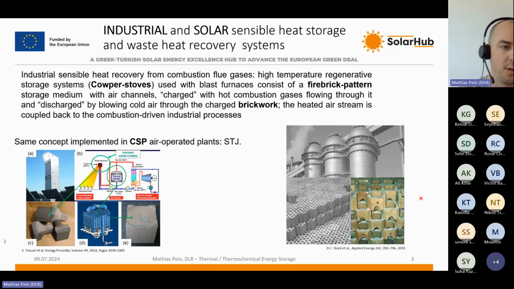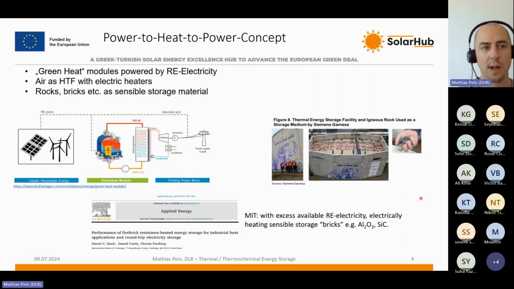There's a thermal storage which can store heat up to 6 hours, I believe, which is made out of inert material that does not react with the heat transfer fluid, but is only storing the heat sensibly.